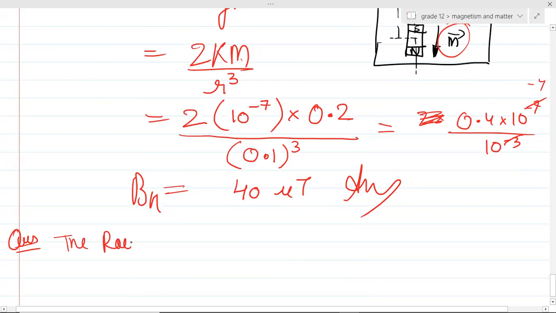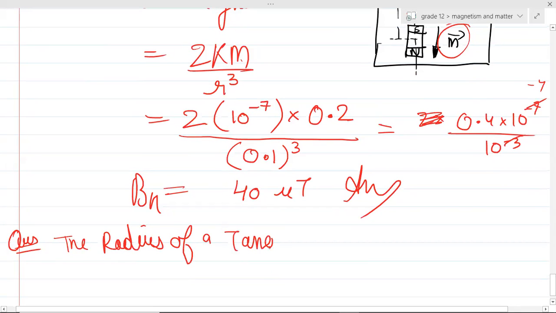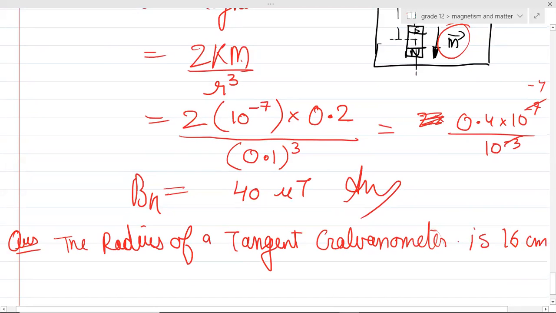The radius of a tangent galvanometer. Everyone understood the concept of tangent galvanometer, right? The radius is 16 centimeter.